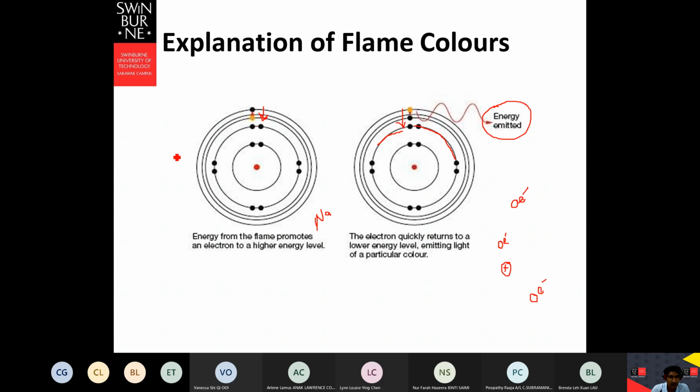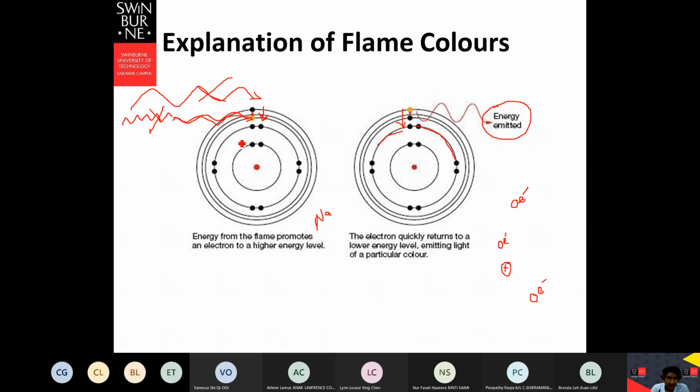It absorbs this type of energy or wavelength. If I put this type of wavelength, it will not absorb, or this type of wavelength, it will also not absorb. Only a certain wavelength of energy will it absorb.